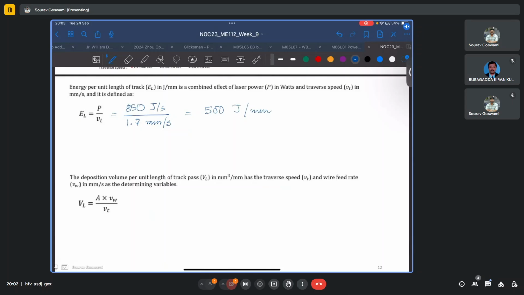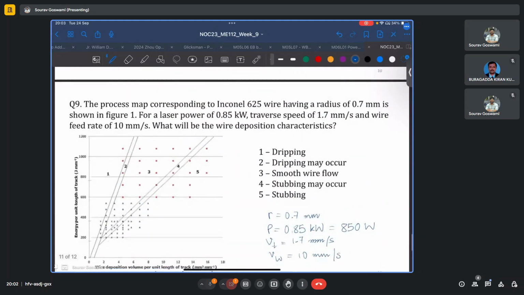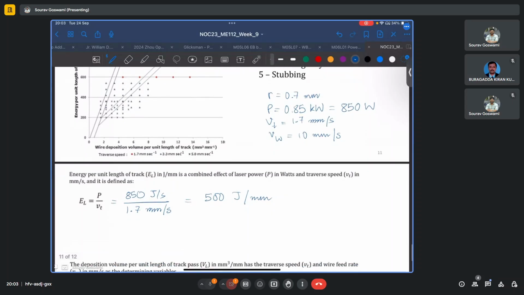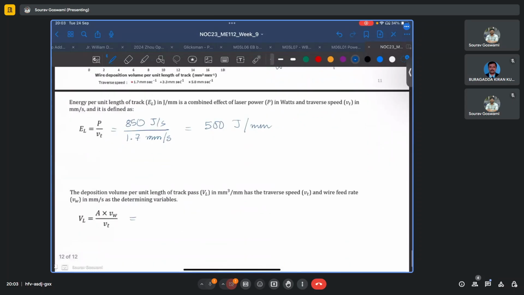Next, the deposition volume per unit length of track. First is area of the cross section of the wire, which will be pi d square by 4. D is 0.7. Or okay, we have pi r square.